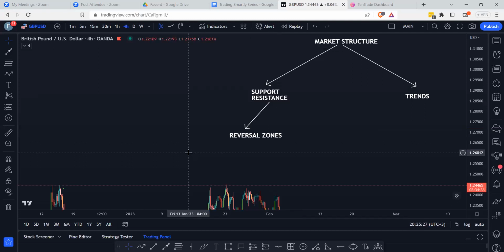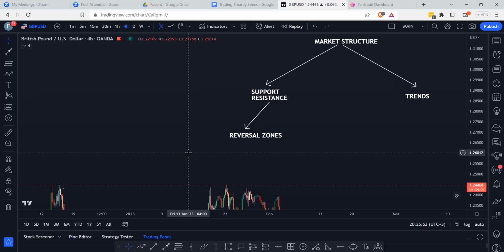When you hear support and resistance, think about reversal areas in the market, an area where we see a change in direction. Turning points. That is support and resistance.